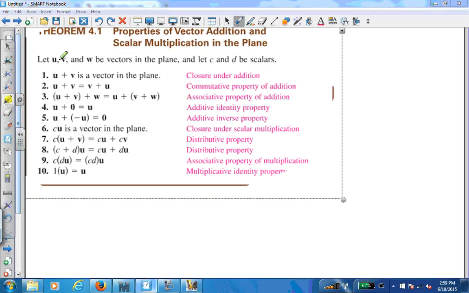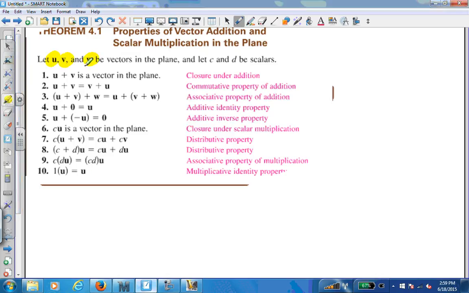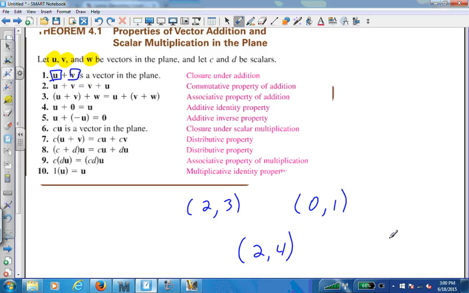If we have 2 vectors or 3 vectors in a plane, if I take one vector in a plane, add it to another vector, then my answer is going to still be a vector in that plane. For example, if we think about the xy plane, if I have vector 2, 3, and I add it to vector 0, 1, both of those are in the xy plane. If I add those together, I still get a vector that's in the xy plane.